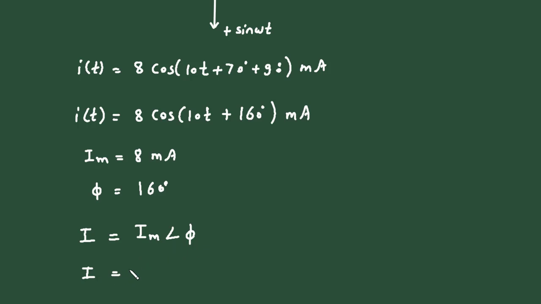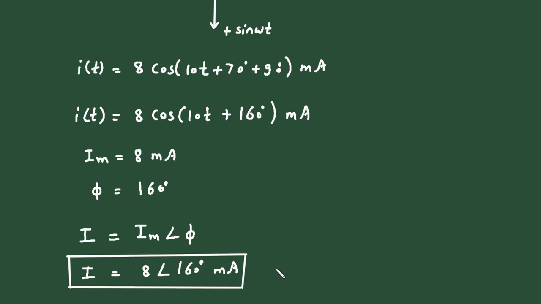So I equals 8 at an angle of 160 degrees, and since it is milliampere, the unit will be milliampere here. So this is the answer in phasor domain form.